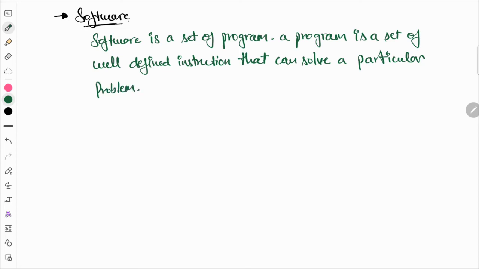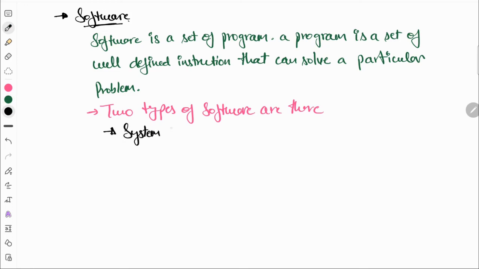Two types of software are there. Number one, system software. Second is application software.